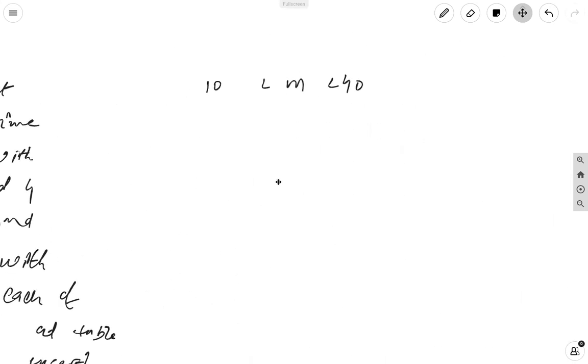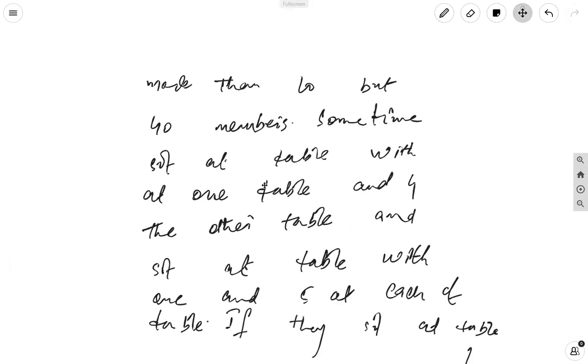So if they sit at all of the tables with 4, in one table they are left with 3. Got this, how I form this? Because if the members sit at all of the tables having 4 members, there's only one table left which has 3 members.